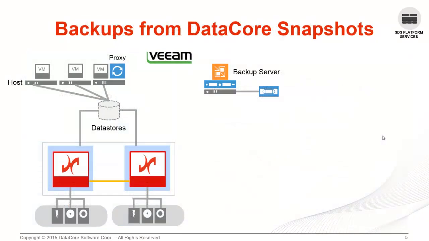So how does that work exactly? Here on this slide, you can see a traditional DataCore HA configuration with 2 DataCore servers consolidating storage and providing a highly available data store to a VMware ESX environment on top. We also have a VMware ESX proxy server as well as our Veeam backup server.